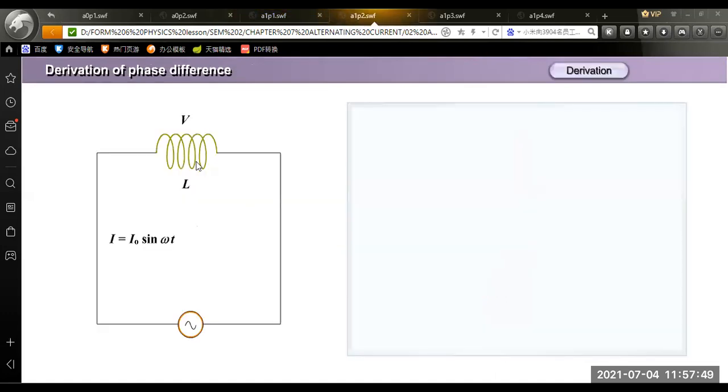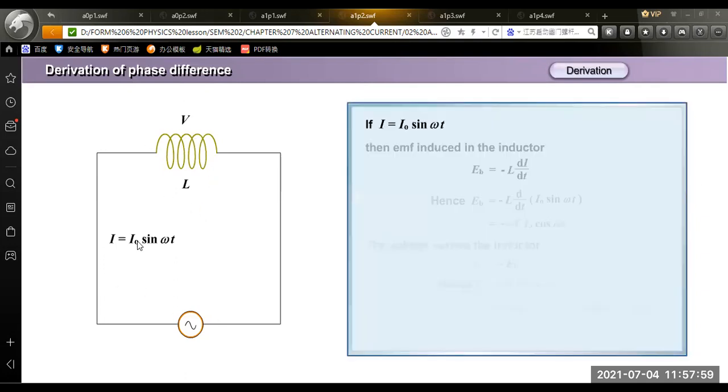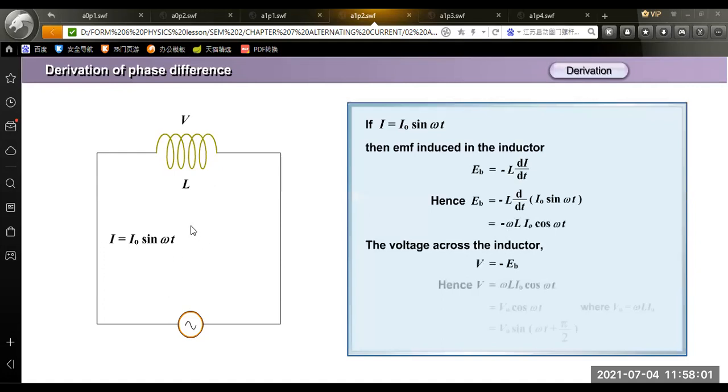Now, when an alternating current passes through a solenoid, what will happen? I is equal to I naught sin omega t. Then the EMF induced is equal to negative L di over dt.